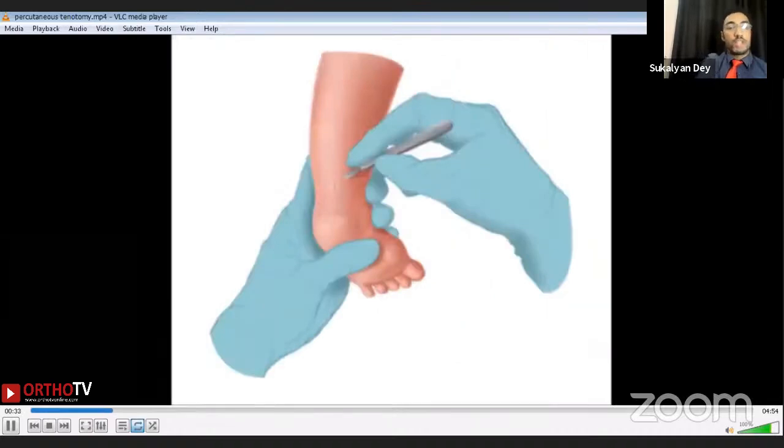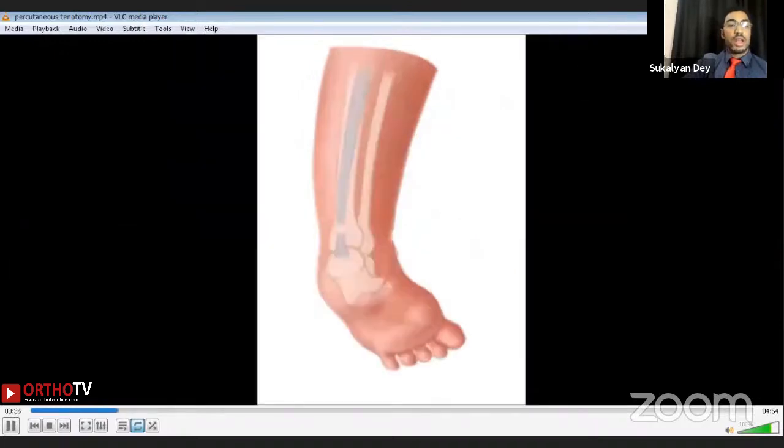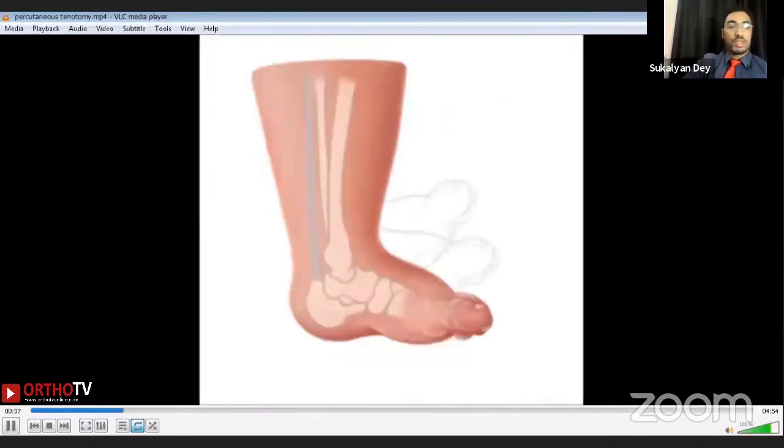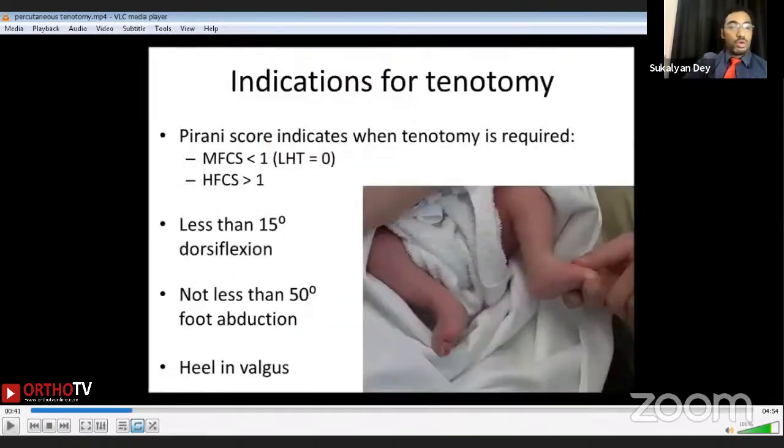One is the injection of local anesthetic. The second is the percutaneous transection of the tendon. And third is correction of equinus to 15 degrees of dorsiflexion, followed by application of plaster. Now, when to go ahead with a tenotomy? The Pirani score is so versatile that it tells us exactly the time point to perform a percutaneous tenotomy: when the midfoot score is less than 1, and when the hindfoot score is more than 1.